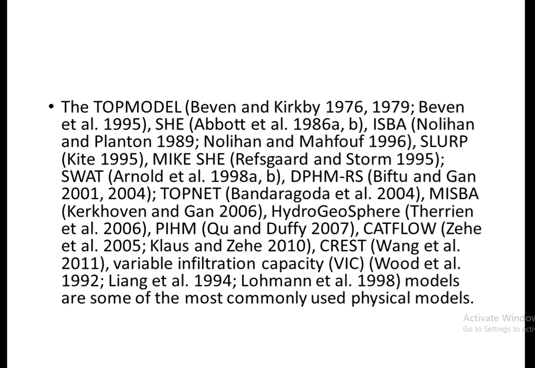Some examples of this model are TOPMODEL, SHE model, ISBM model, MIKE SHE model, SLURP model, SWAT model, DPHM RS model, TopNet model, MISBA model, Hydrogeosphere model, PIHM model, CatFlow model, CREST, and Variable Infiltration Capacity VIC model. And these are some of the most commonly used physical models.